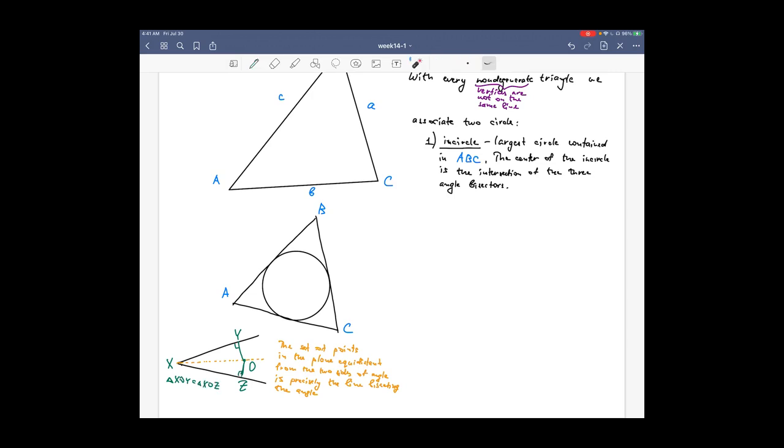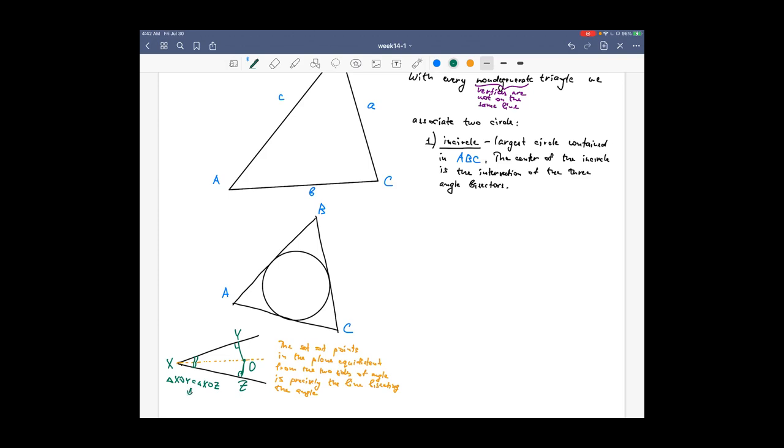Well, they're both right triangles. These are perpendiculars. And because this is a bisector, they have one of their acute angles equal. Any two right triangles with the same hypotenuse and equal acute angles are themselves equal.